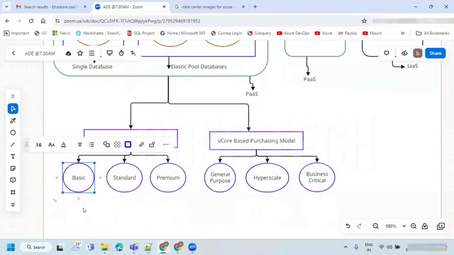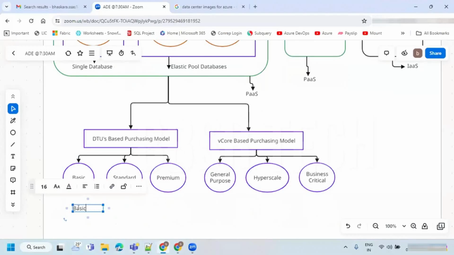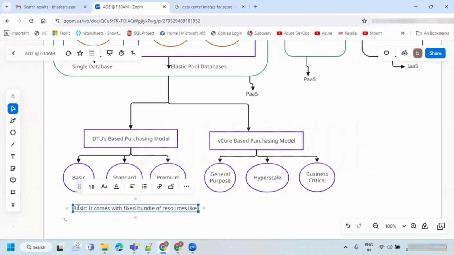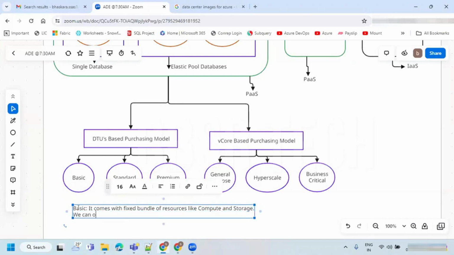So basic comes with a fixed bundle of resources, like compute and storage. We cannot increase or decrease compute.